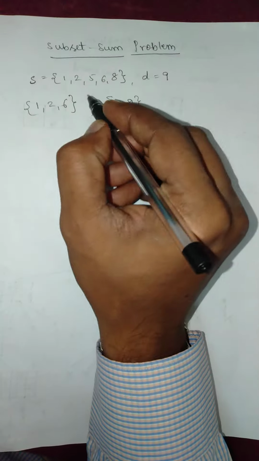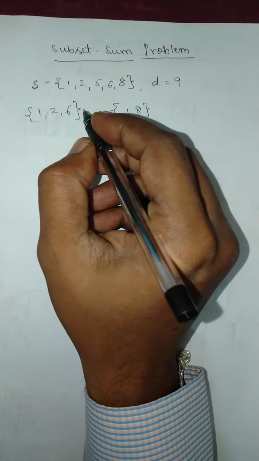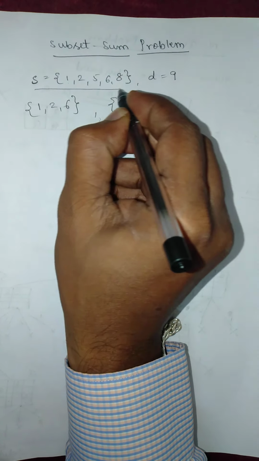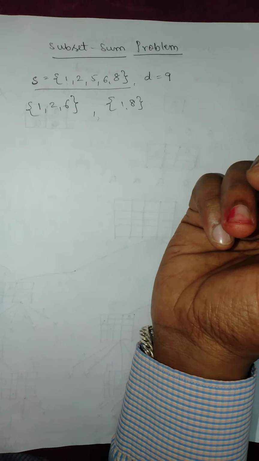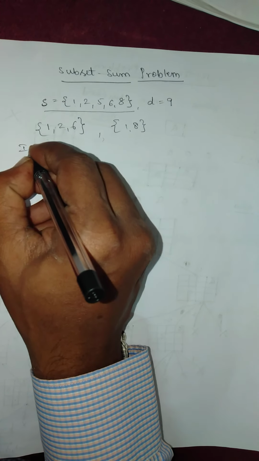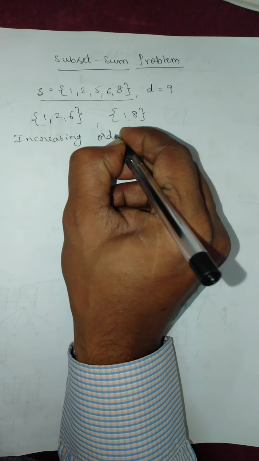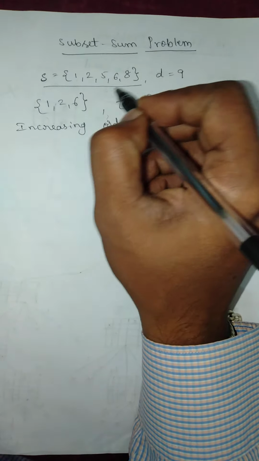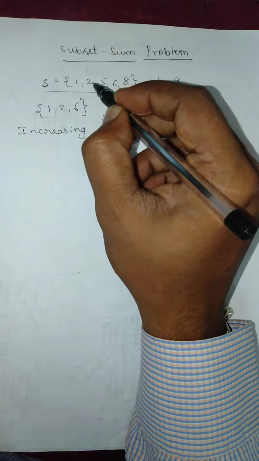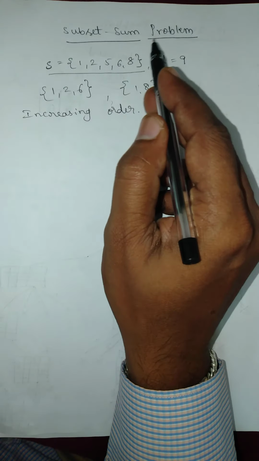Initially, when you are given some set of items, make sure that the items are in increasing order, so that it is better to solve the problem. In this example we have the elements already in increasing order. Now we shall go on constructing the state space tree for the subset sum problem.